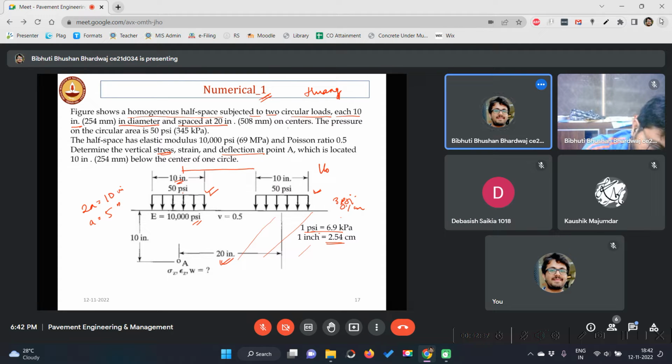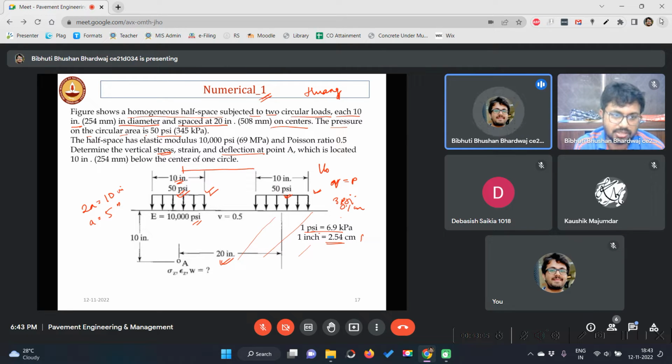On centers, the pressure on the circular area is 50 psi. Now they can use the term pressure because it's normal, right? So the pressure on the circular area is 50 psi. So this Q is given, Q or P. In the earlier case we learned small p, tire pressure, contact pressure.